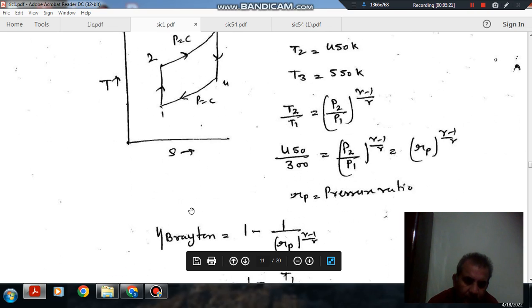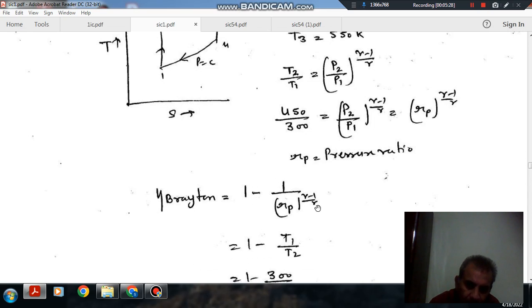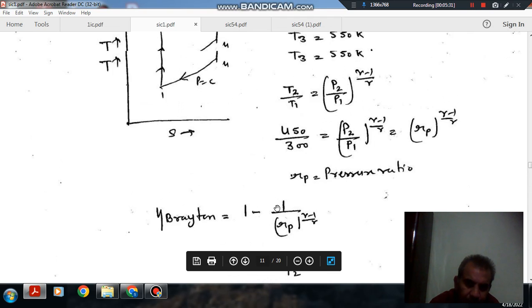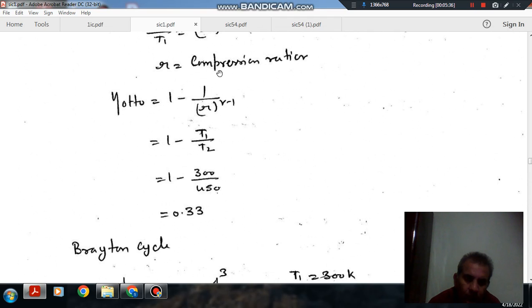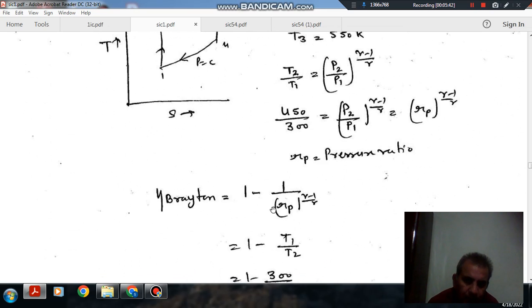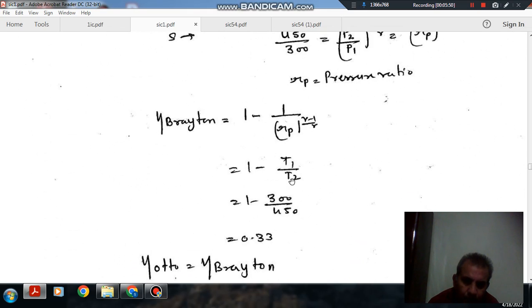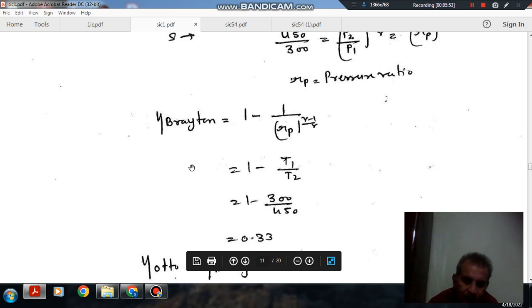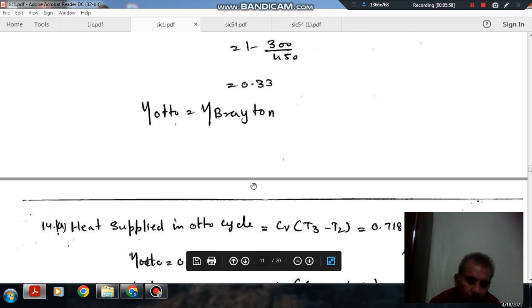The Brayton cycle efficiency is 1 minus 1 by rp to the power gamma minus 1 by gamma. In the Otto cycle, r is the compression ratio, the total volume by clearance volume. So this value is 450 by 300, and the efficiency of the Brayton cycle is also 0.33. So the efficiencies of the Otto and Brayton cycles are 0.33.